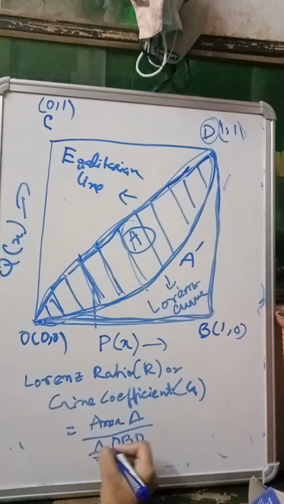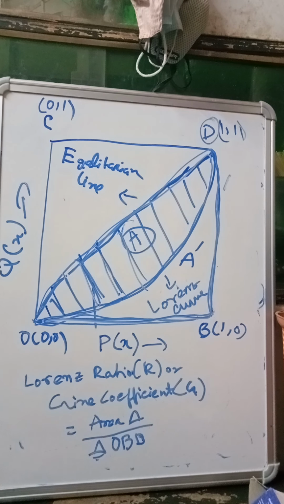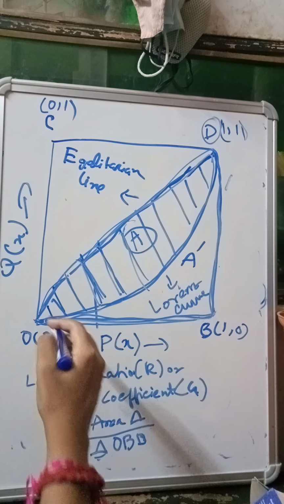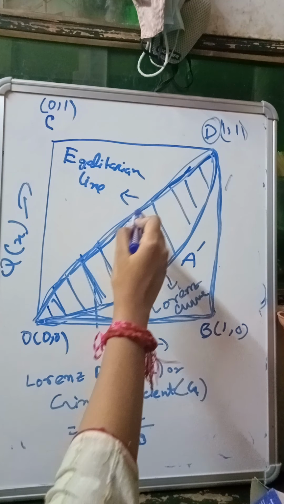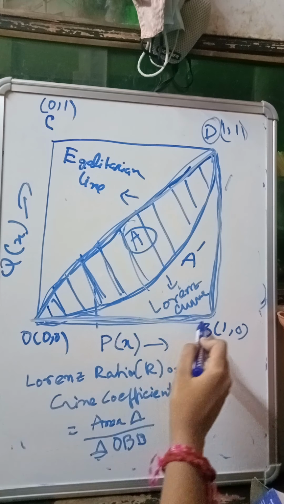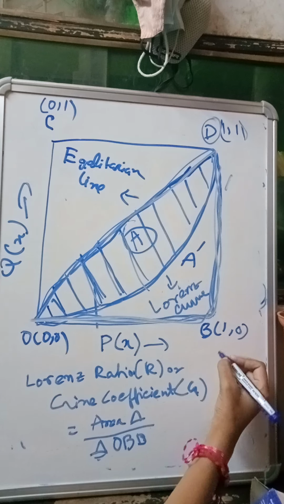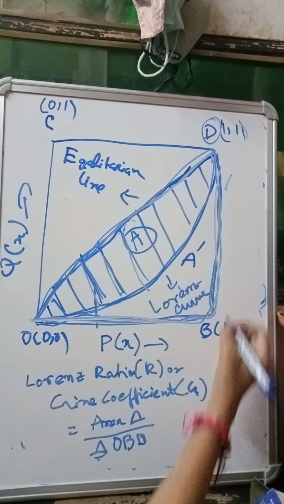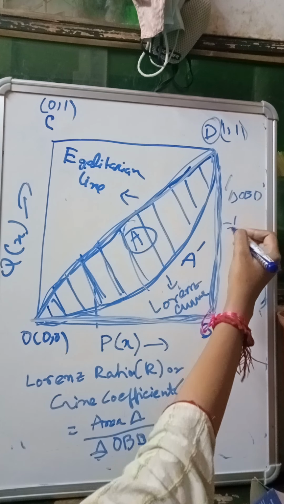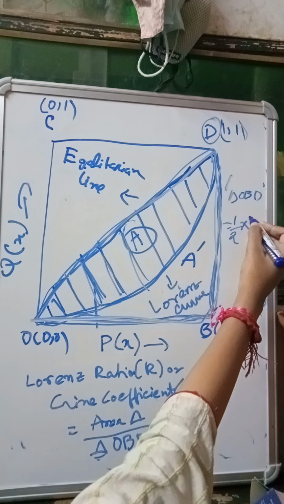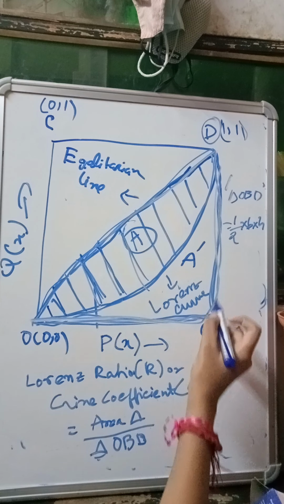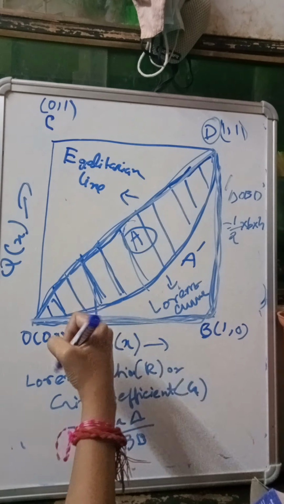Now this triangle sign denotes the area of the triangle OBD. Triangle OBD is this part. Now what is the area of the triangle OBD? We know the formula for a triangle is half into base into height. If we consider OB as the base and OD as the height, OB is how much?